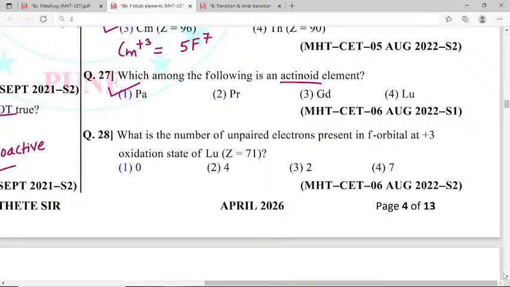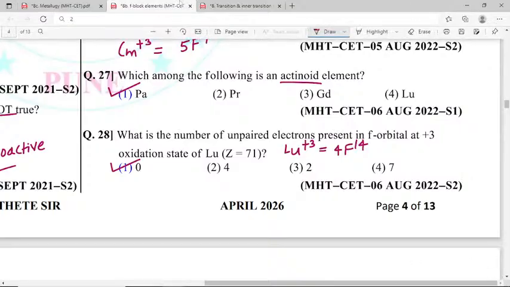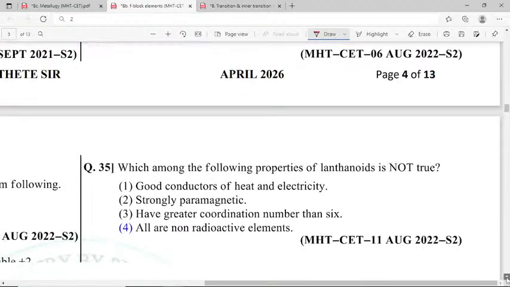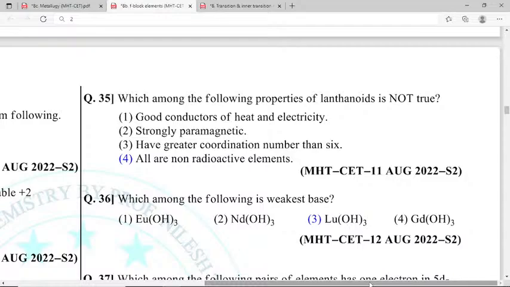So lutetium +3 is equal to 4f14. So 4f14, 0 unpaired electrons. There is no unpaired electron in 4f14. All electrons are paired.